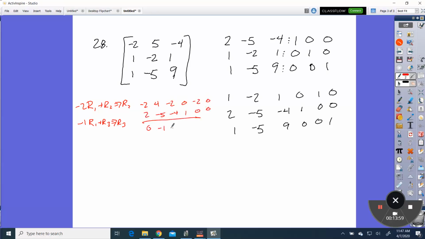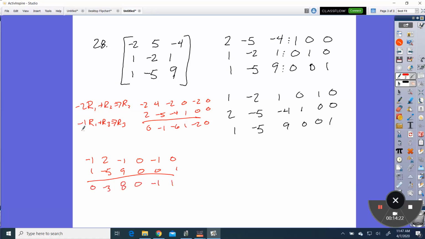I'd get 0, -1, -6, 1, -2, 0. And -1 times row 1 would be -1, 2, -1, 0, -1, 0. Add that to the bottom row, 1, -5, 9, 0, 0, 1. I get 0, -3, 8, 0, -1, 1.